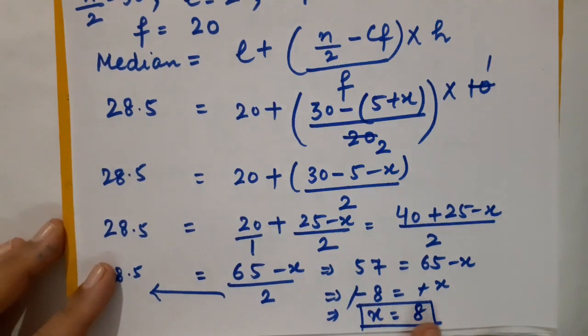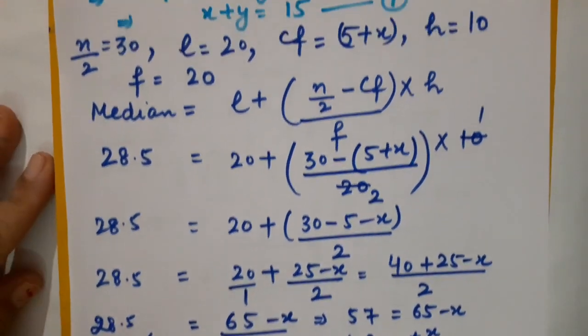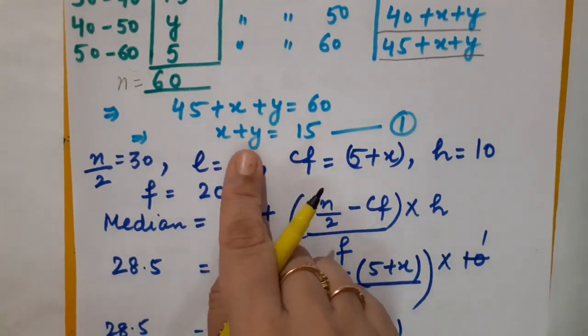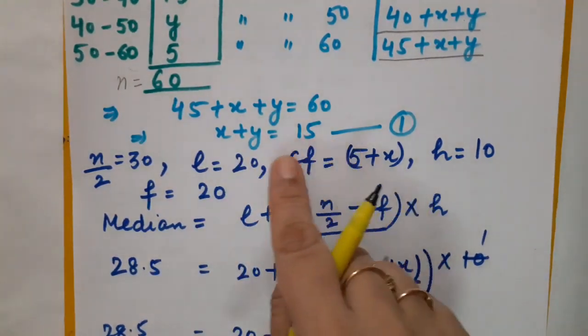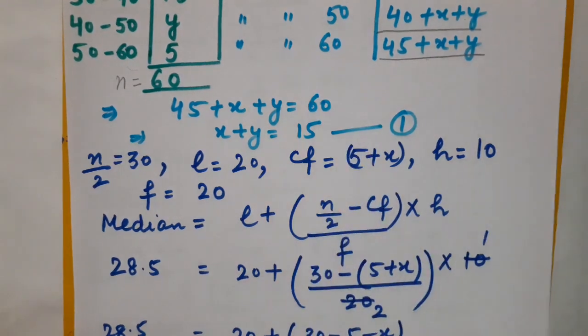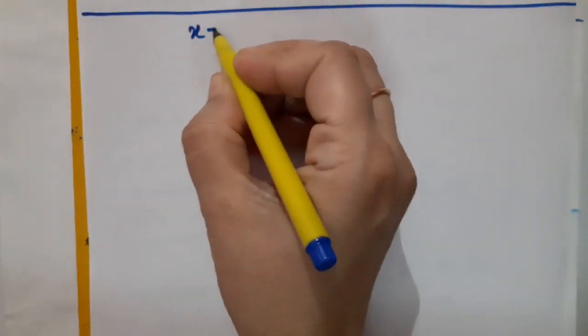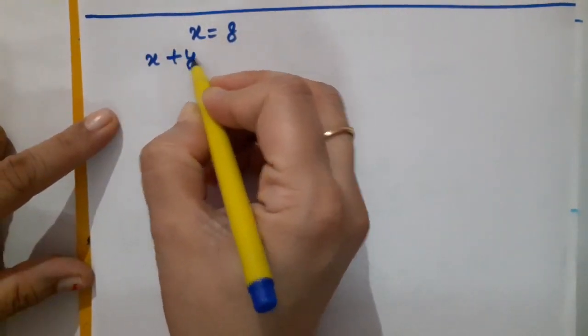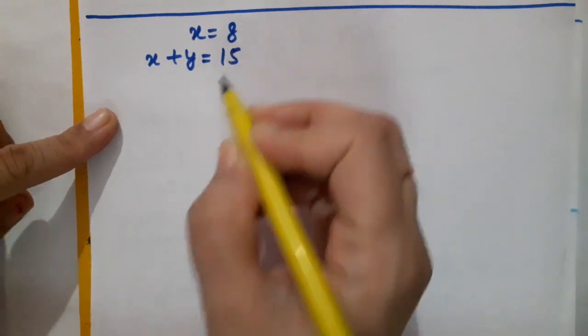Now children, you can put this value of x is equal to 8 in this very first equation, that is x plus y is equal to 15, to come to know the value of y. So the value of x is equal to 8, and in equation number 1 we had x plus y is equal to 15.